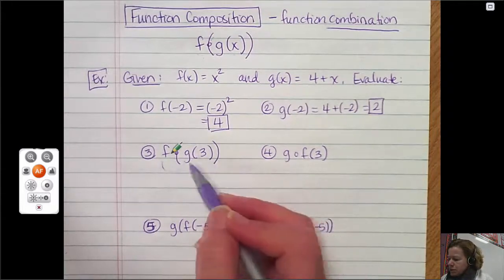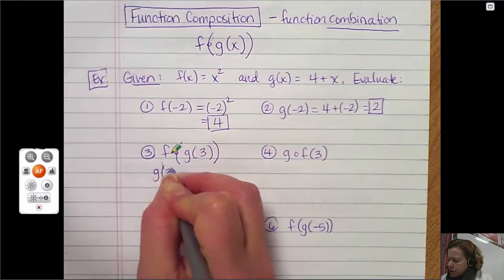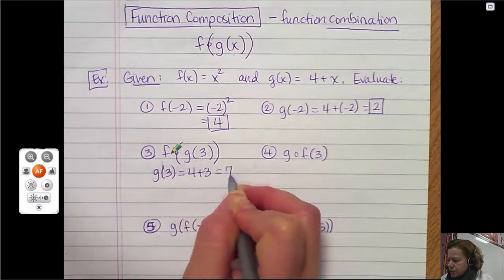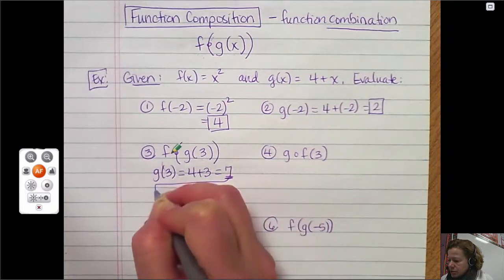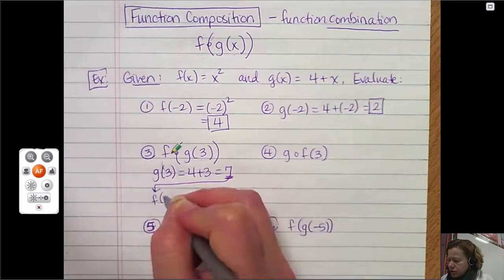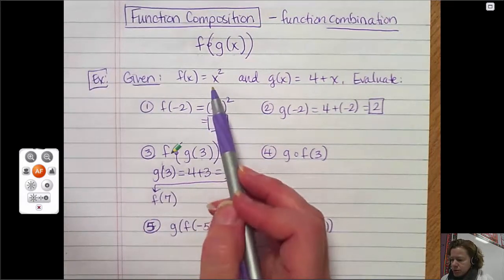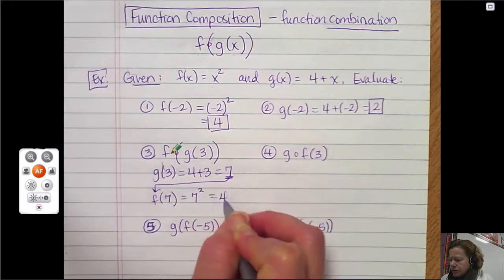Here I'll take 3 and plug it into my g function. And you need to show your work. So g of 3 is 4 plus 3, or 7. But I'm not done. I need to take that 7 and plug it into my f function. So now I'm going to find f of 7. My f rule is square whatever comes in. So I take 7 and square it and get 49.